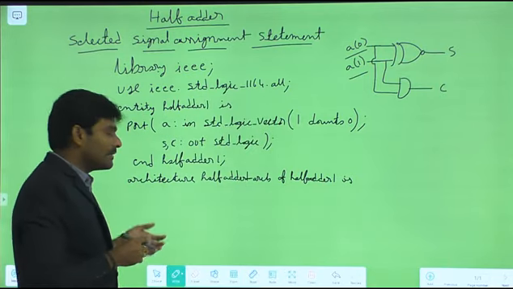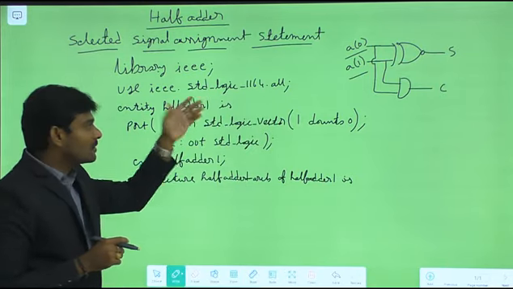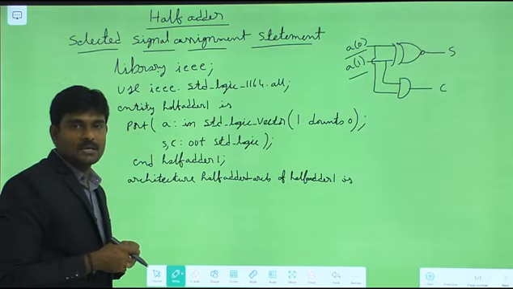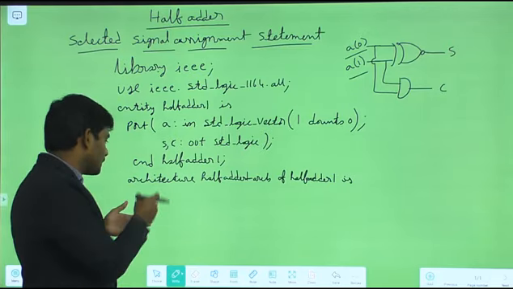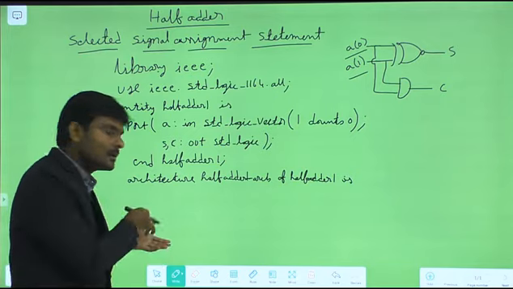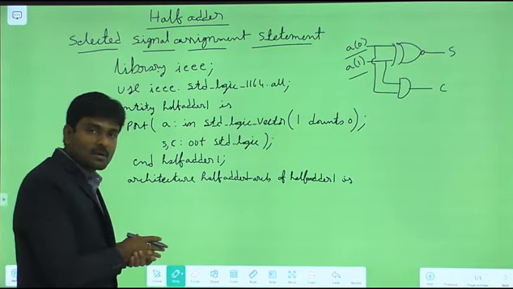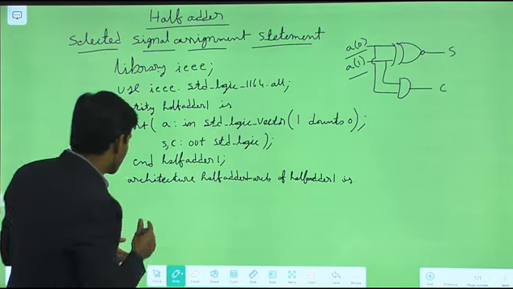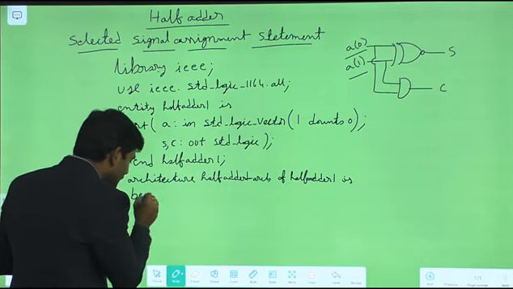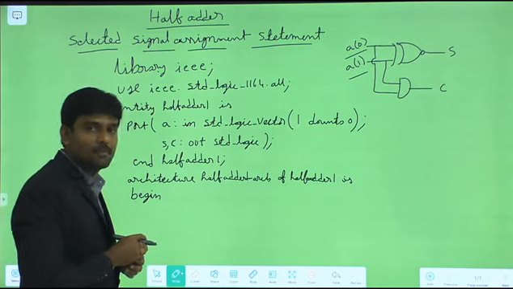Then there are no intermediate signals, and no need to mention any constants, functions or procedures that may be present between the architecture and the start of the architecture body. All these are not required in this particular case. So directly I am starting the architecture body with the keyword begin.